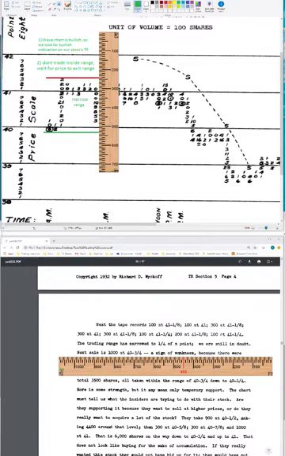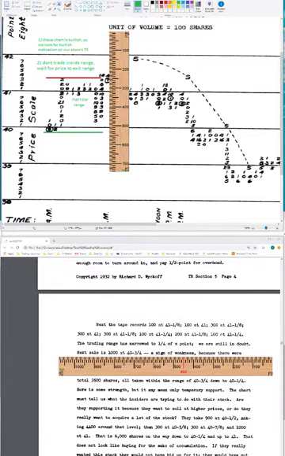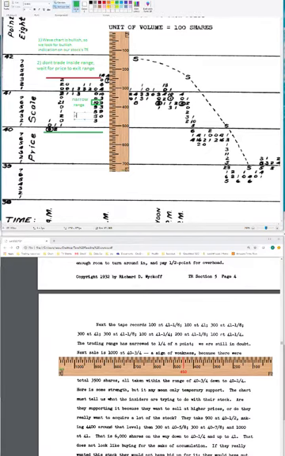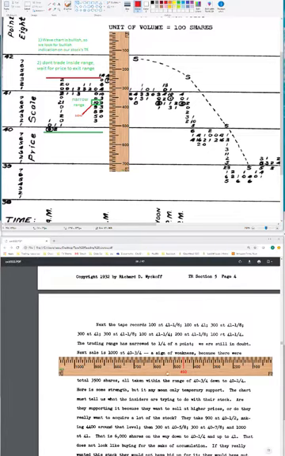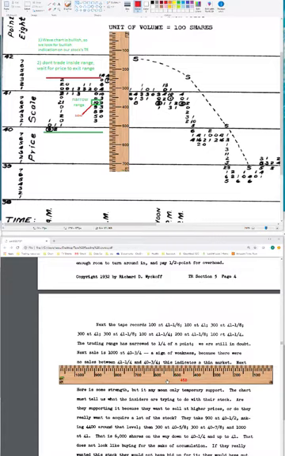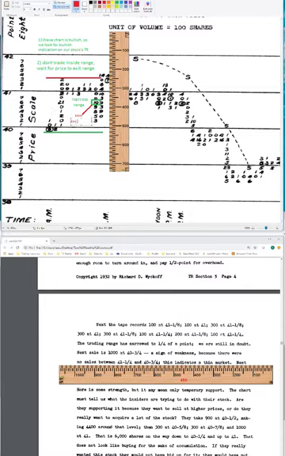A sign of weakness. Why is this a sign of weakness? That's what we've got to figure out. That right there is 1,000 shares traded. But why is it a sign of weakness? Because there were no sales between 41 and a quarter and 41 and 3/4. Because there are no sales.